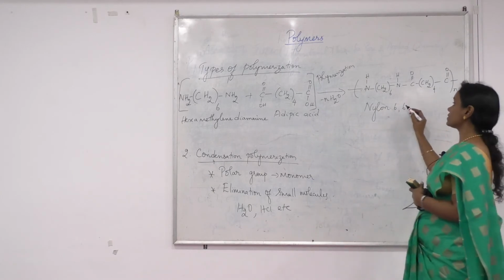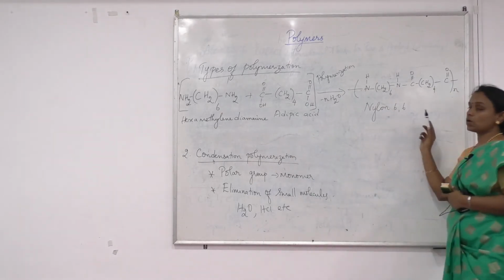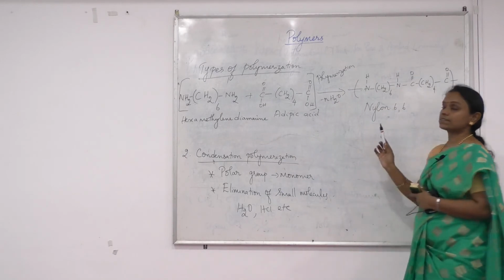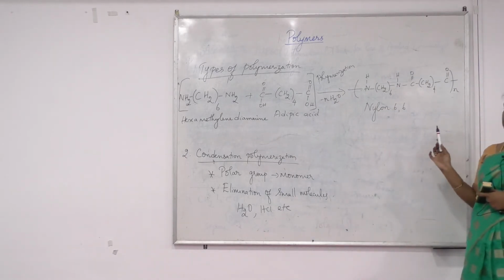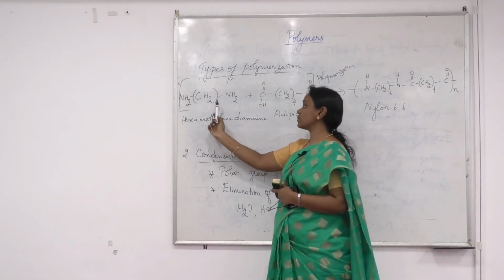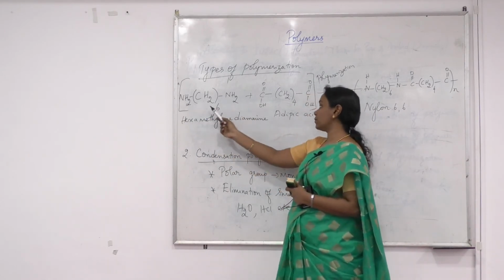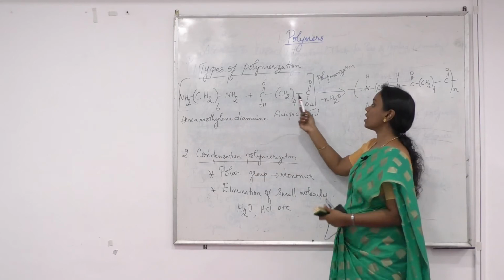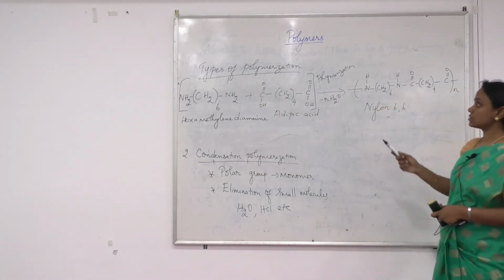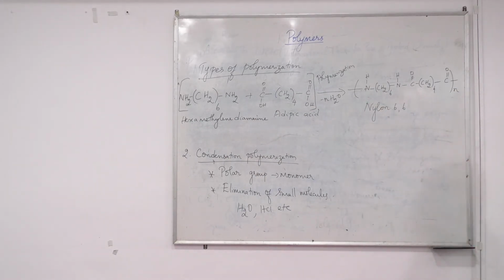Why the 6,6? Because in each monomer there are 6 carbon atoms. That is why it is called nylon 6,6. So what are the monomers involved in the formation of nylon 6,6? Hexamethylene diamine and adipic acid. Hexamethylene means 6 methylene groups are there and 2 amine groups are there, so it is called hexamethylene diamine. And this is adipic acid, which is a dicarboxylic acid. So these two monomers co-polymerized, and what we get is known as nylon 6,6.